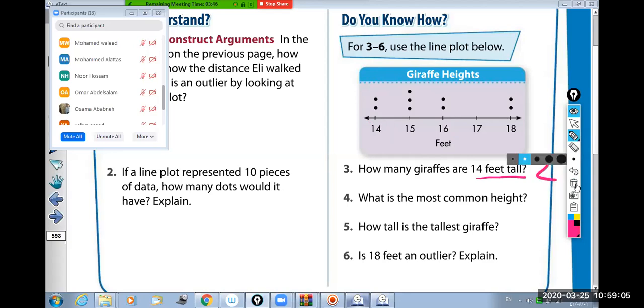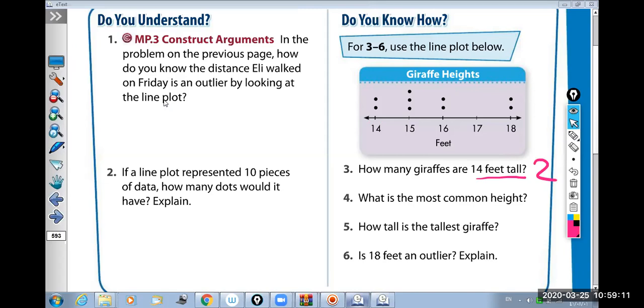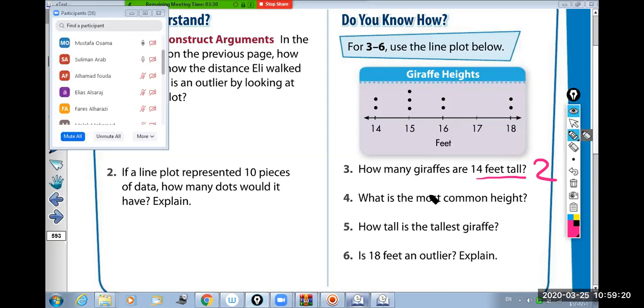Okay, now the question for Amr. Yes, mister? How are you? Good. Now question number 4. What is the most common height? These are the heights.